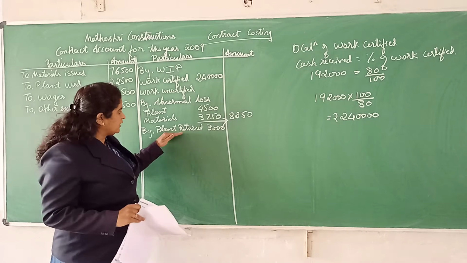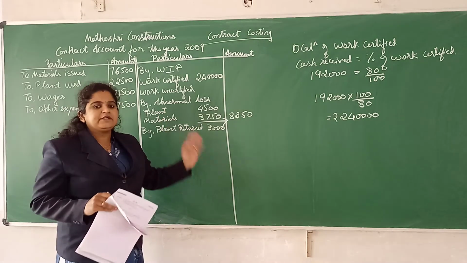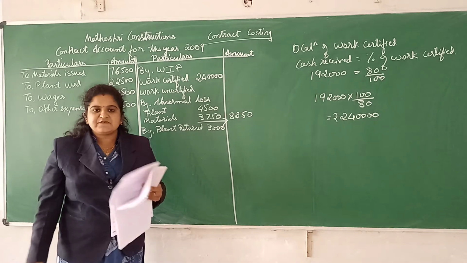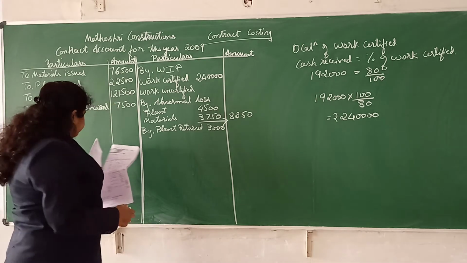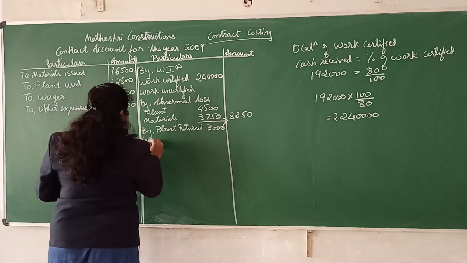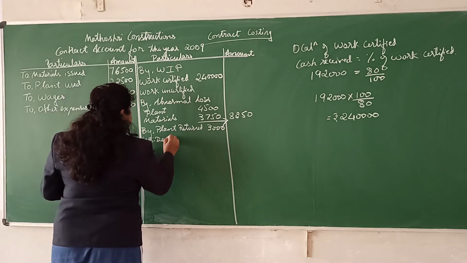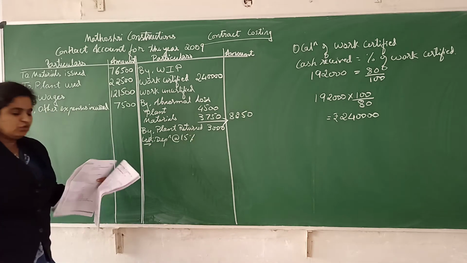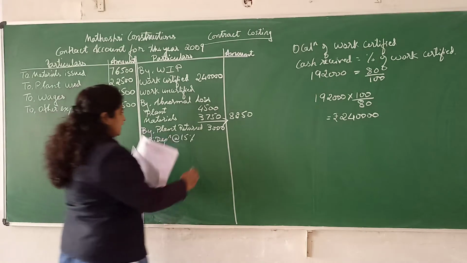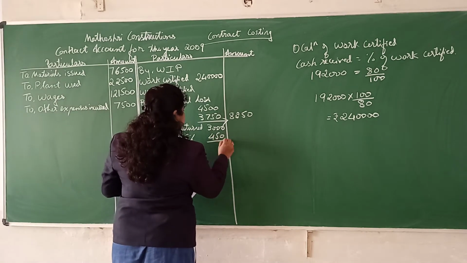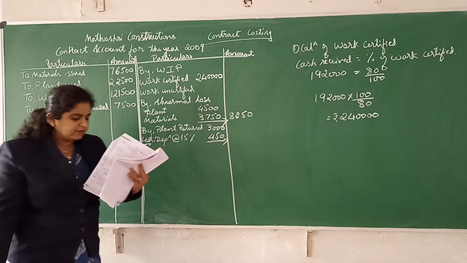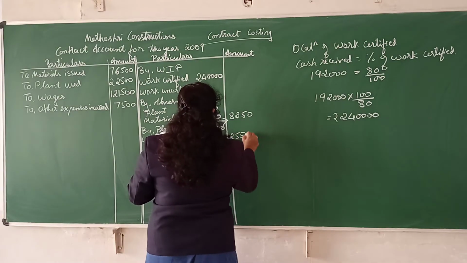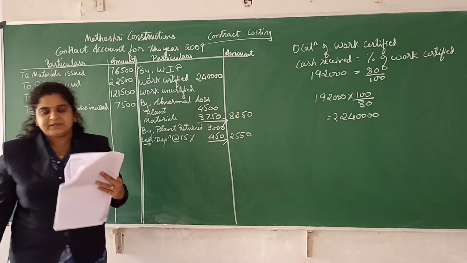Depreciation has to be calculated on whatever plant is returned. The depreciation percentage given is 15%. So 3,000 into 15% will be 450. Deduct this and take it in the outer column, that is 2,550.